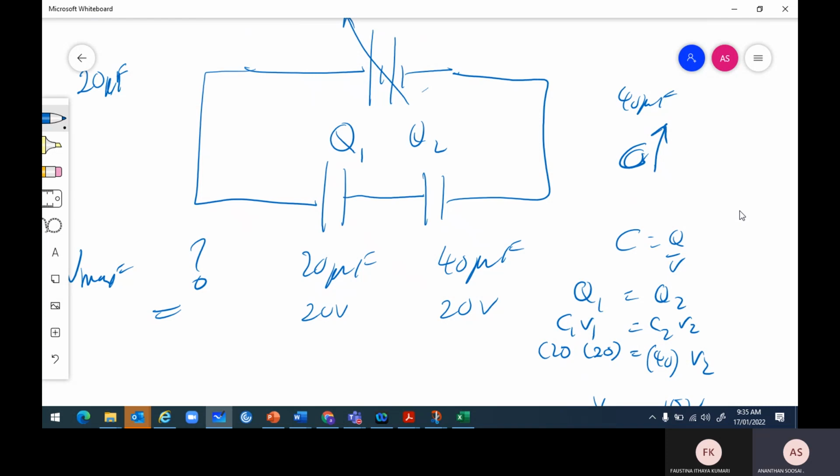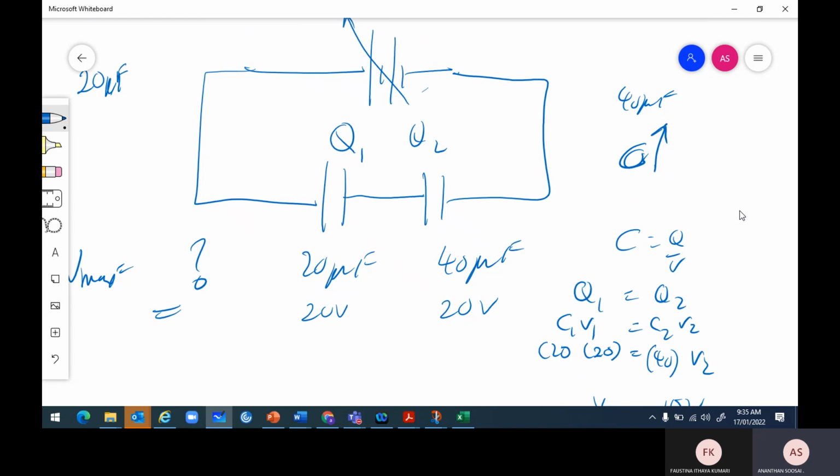So if the capacitor is small, the voltage must be high so that you have the same charge. The main point is that small capacitance will have high voltage in series.